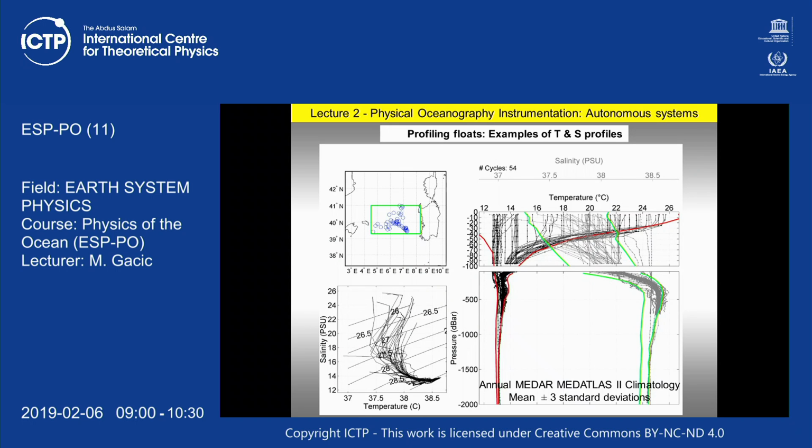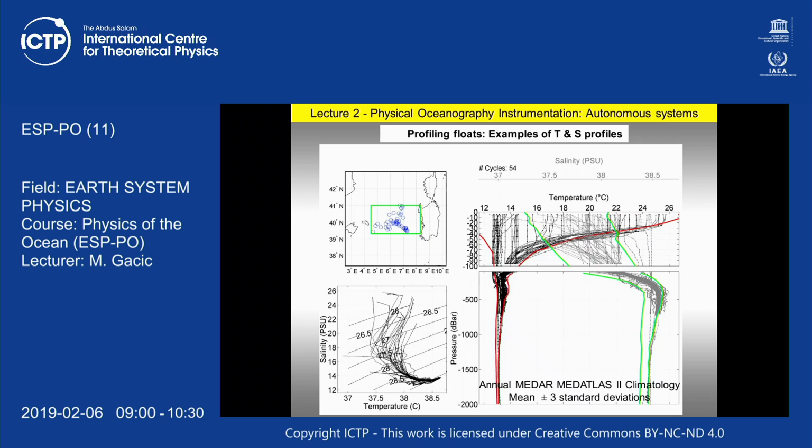These are all the information on TS and profiles that we have already seen before. You can see here what kind of profiles and how much data we can obtain from these floats. This is the temperature. You can see the evolution of temperature.